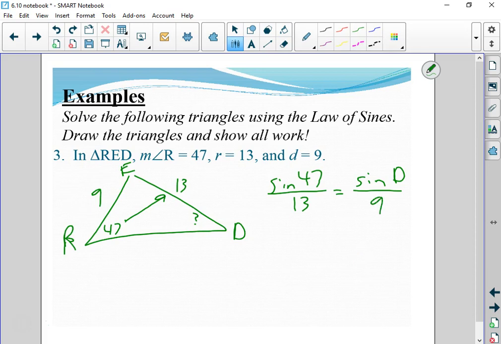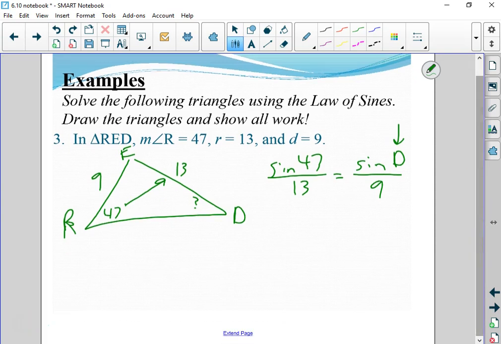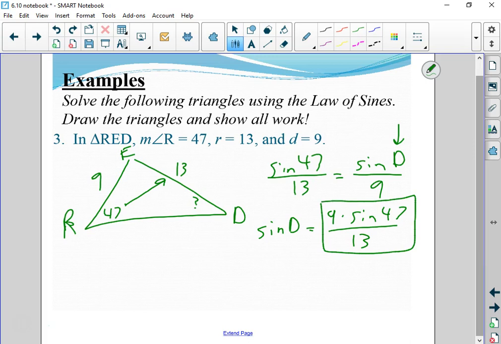Sorry about that. Okay, so this one is going to have an extra step because remember, we're missing the angle. And what do we always do when we're missing an angle? We have to do the inverse. So we're going to say the sine of that missing angle is equal to 9 times sine of 47 divided by 13. So the first thing we're going to do is just do this part right here and get a decimal. Sine of the unknown angle is 0.5063.